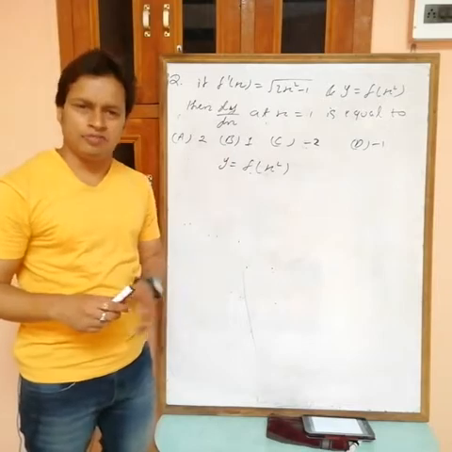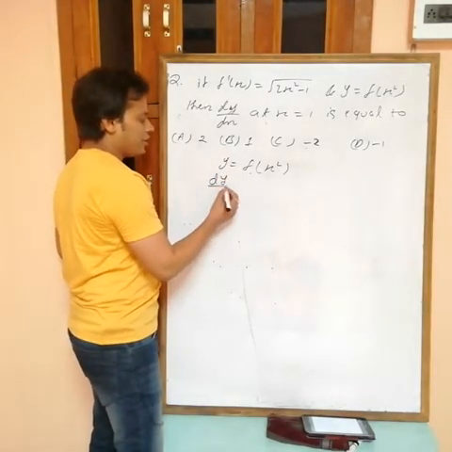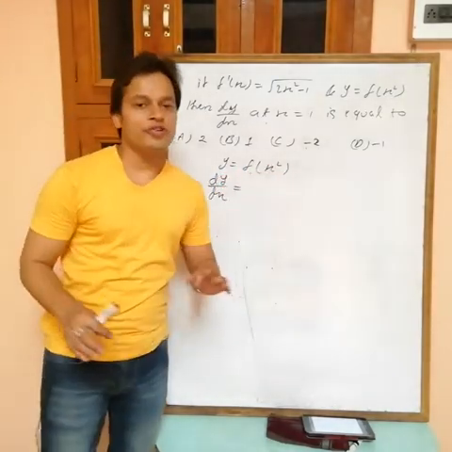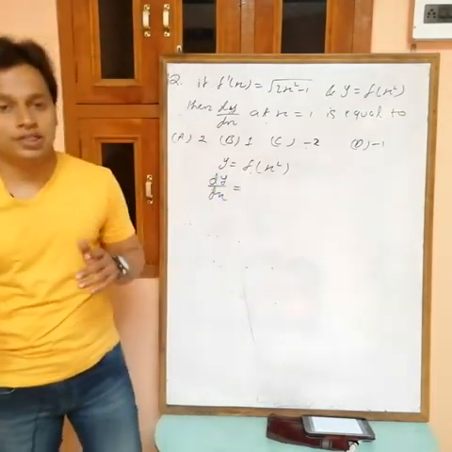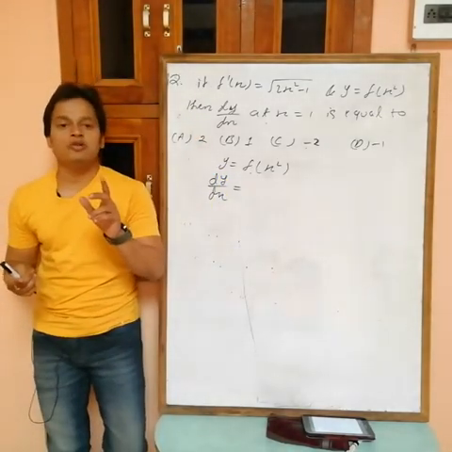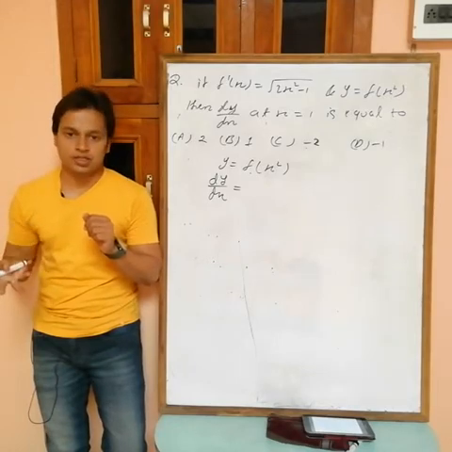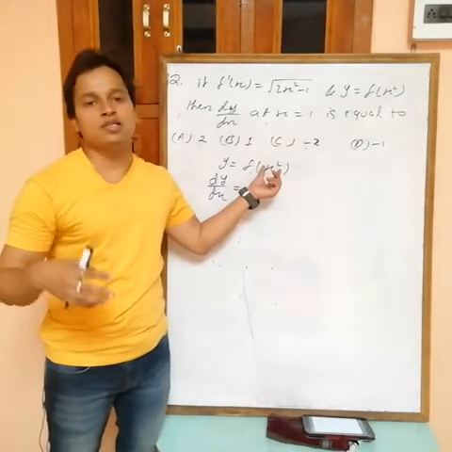Just differentiate directly. If you differentiate y, then what are we getting? dy by dx. Now what do we want? We want the differentiation of f of x square, but we don't know that. We know the differentiation of f of x, which is f dash x. So to differentiate this one, I have to assume x square as x.